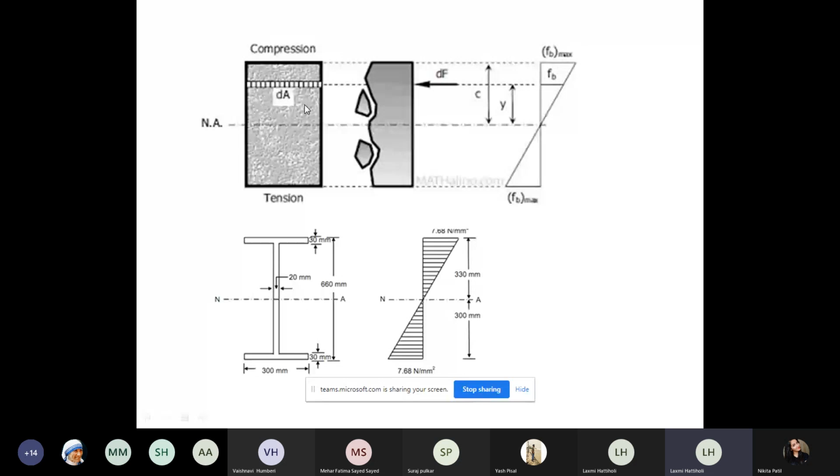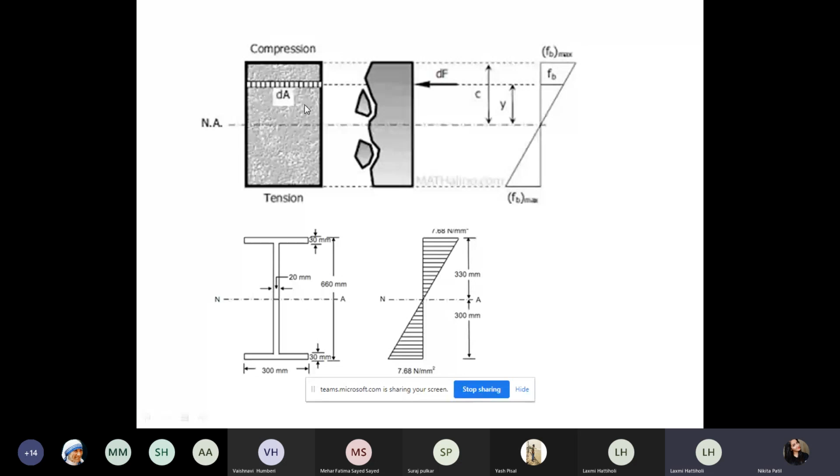But in the I section, for the same breadth and the same depth, this is my I section. Where did this part go? Is the I section not economical here? You're providing less material here.